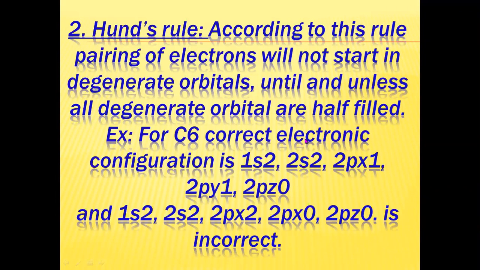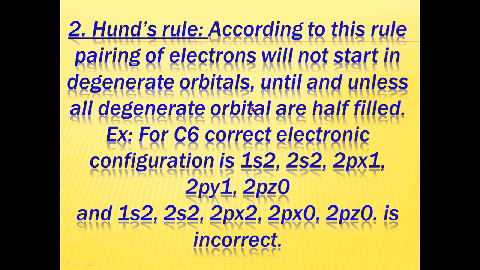The second rule is called Hund's rule. Hund's rule says that pairing of electrons in degenerate orbitals will not start until and unless all degenerate orbitals are half filled. Just now I gave you the definition of degenerate orbitals.